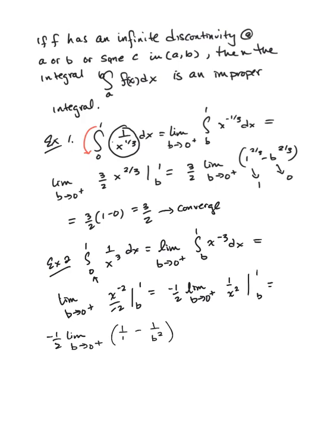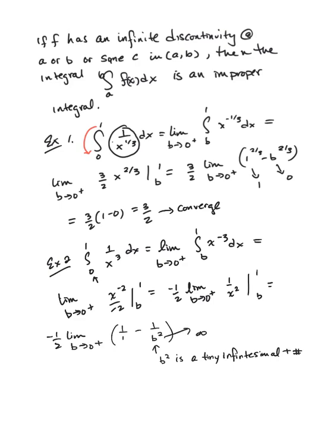So think about it. You're dividing by a tiny little infinitesimal positive number. b squared is a tiny infinitesimal positive number. What happens when you divide by a tiny positive infinitesimal number? That is correct. It goes to infinity.